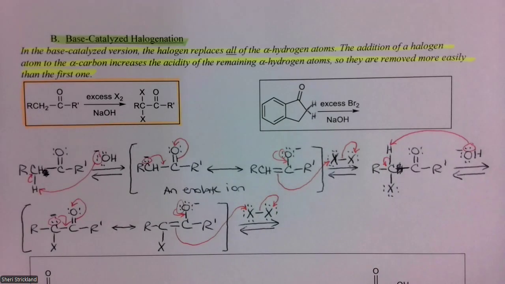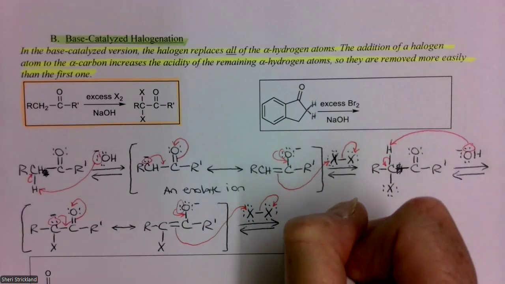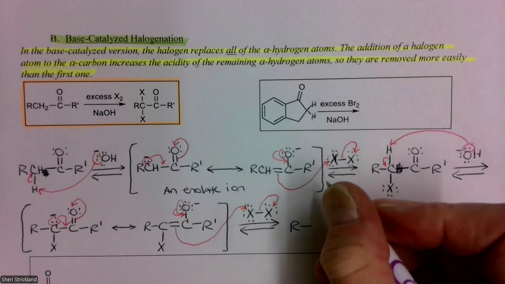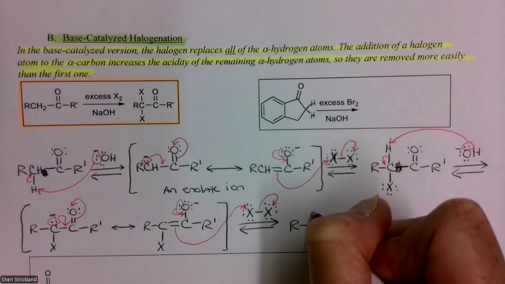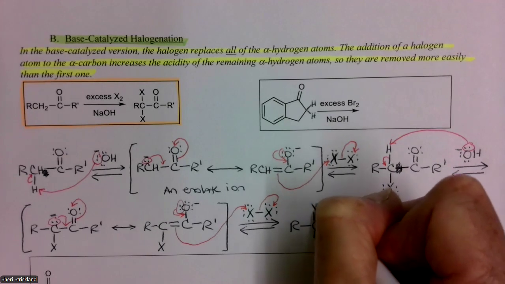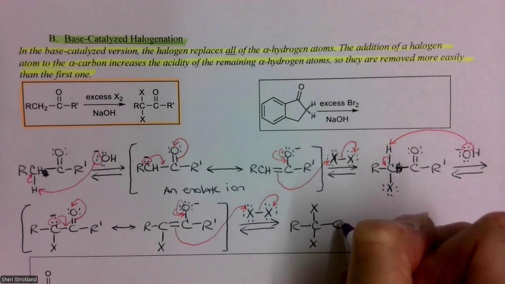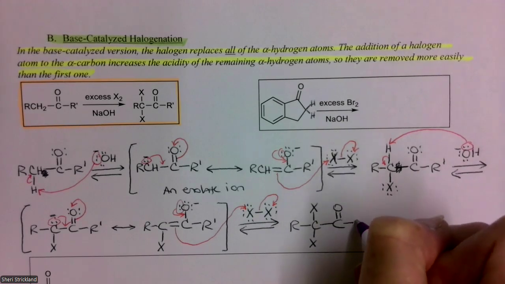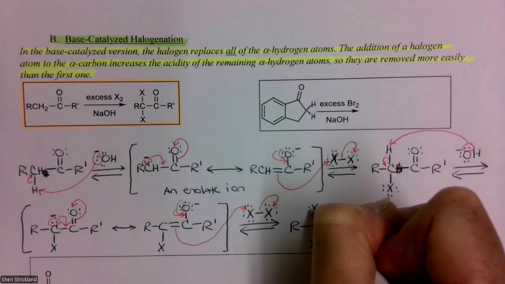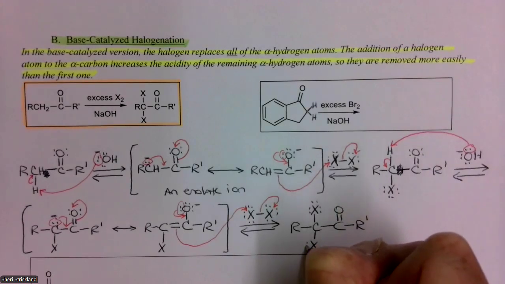So if you think about something like acetone, for example, acetone would have 2 alpha carbons. Both of those alpha carbons would have 3 hydrogens apiece. So you'd end up with a molecule that had 6 halogens in it.